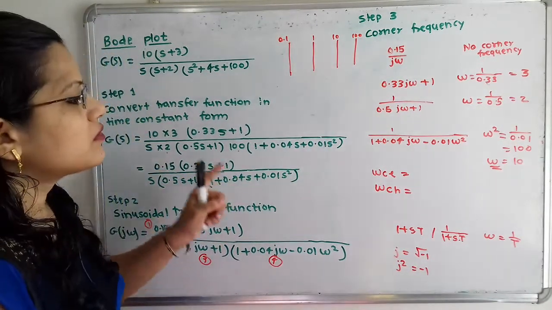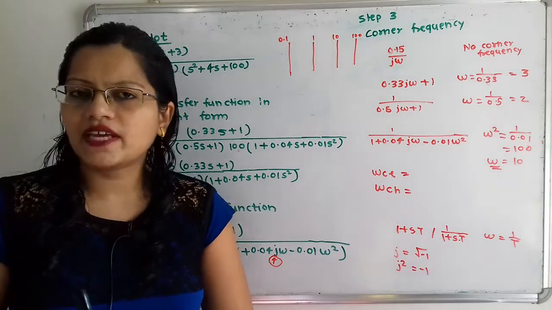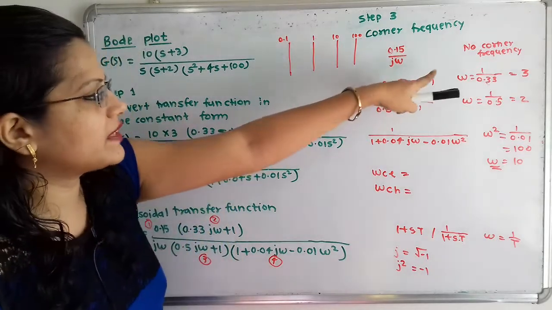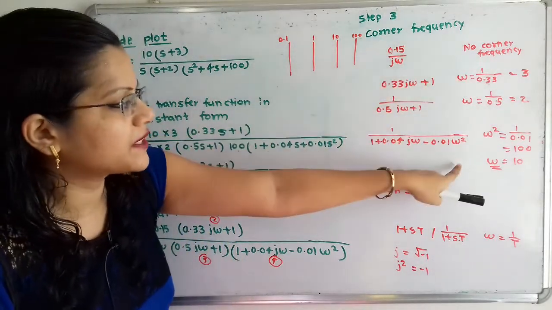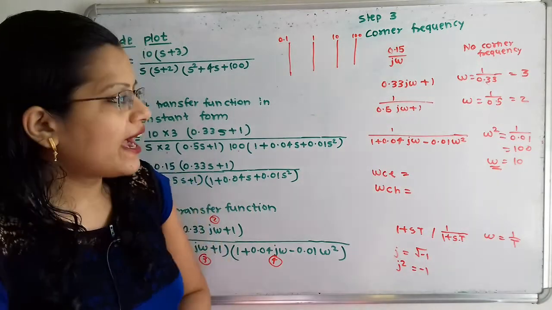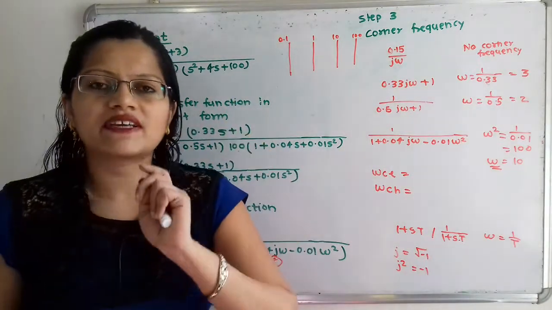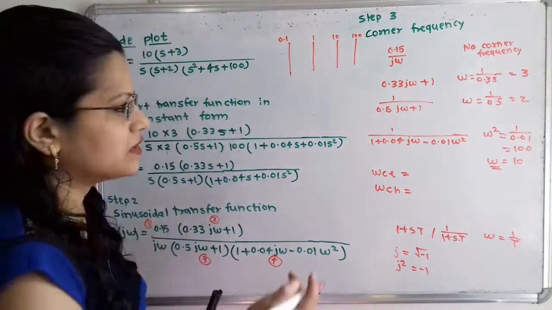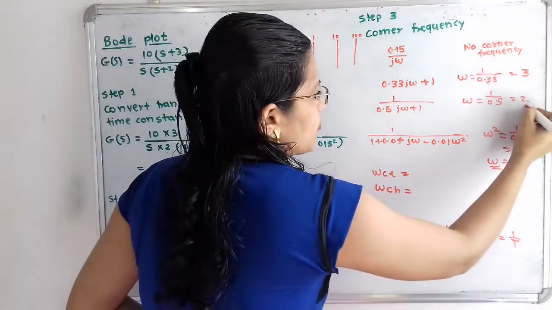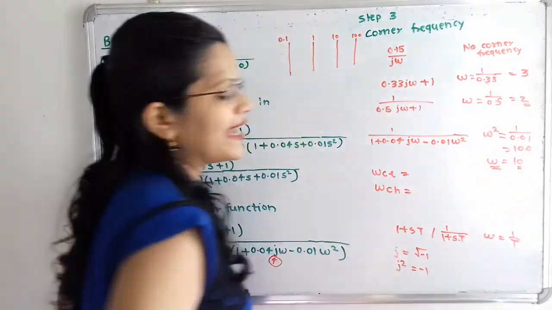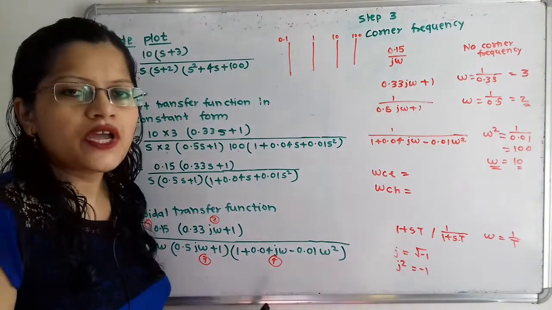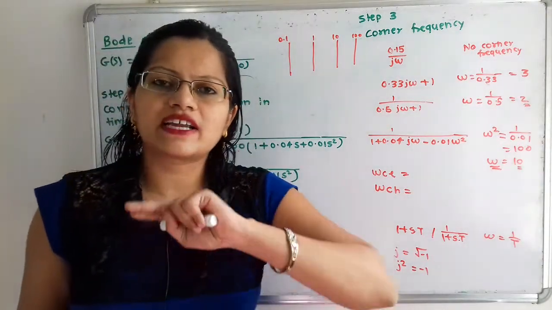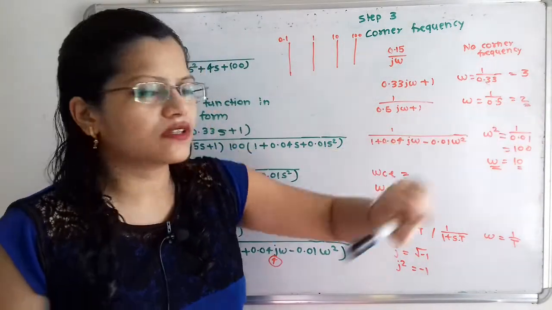Now to decide lowest corner frequency and highest corner frequency, we have to observe this frequency for the terms. We have to select the minimum corner frequency and maximum corner frequency. So here 2 is minimum corner frequency and 10 is maximum corner frequency. So we have to take one range below this minimum corner frequency.